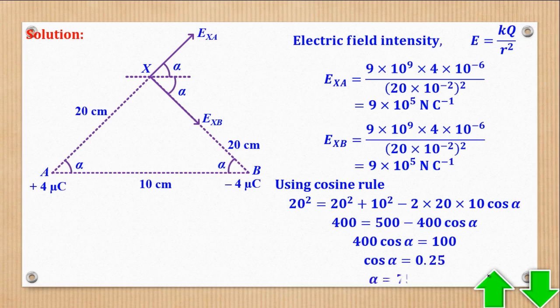So when I simplify, I'll come up with alpha as this, to 2 decimal places. So angles are easily expressed to 2 decimal places. So now that I've got the angle, I can now resolve. Horizontally, both are to the left, meaning they'll be positive, but vertically, this one will be upwards, this will be downwards. So one will be positive, the other will be negative.